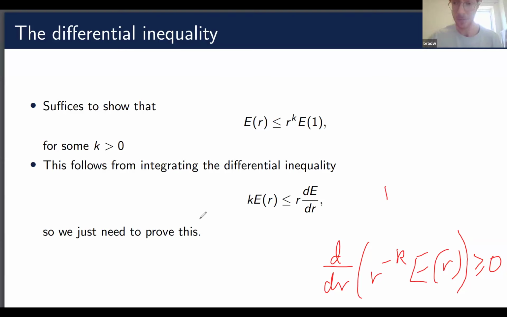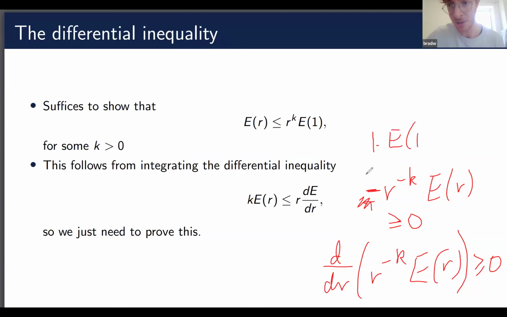So you're integrating from r to 1. So really we should have E of 1 minus r to the minus k E of r greater than or equal to 0, which is the same as this.